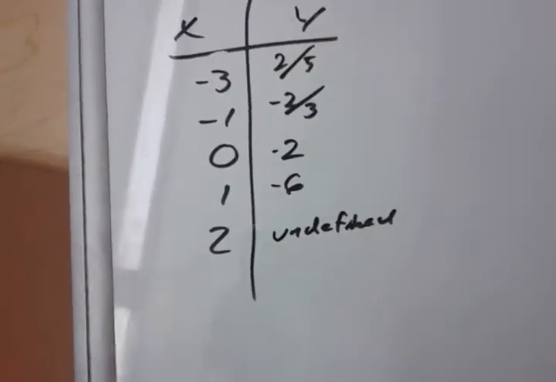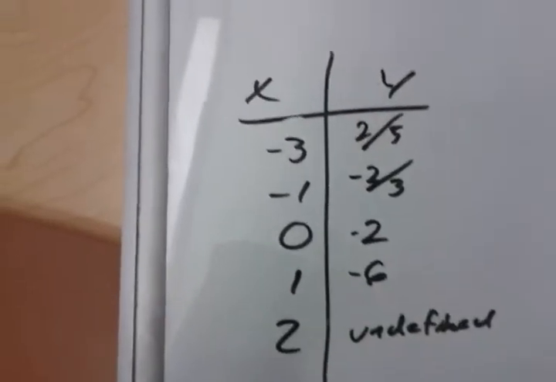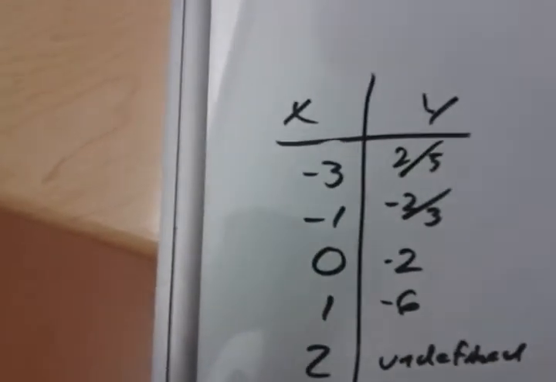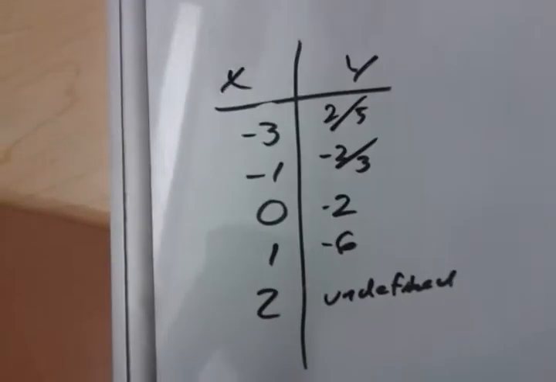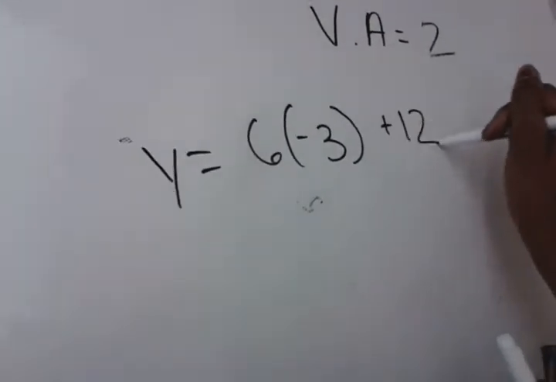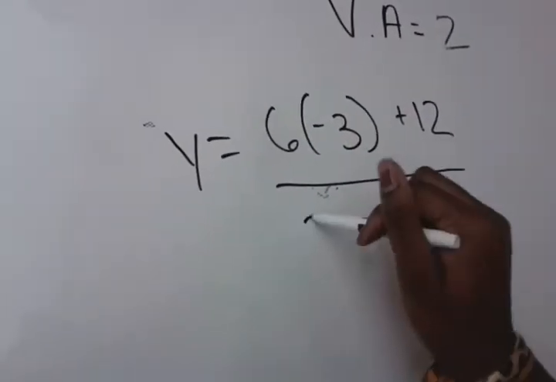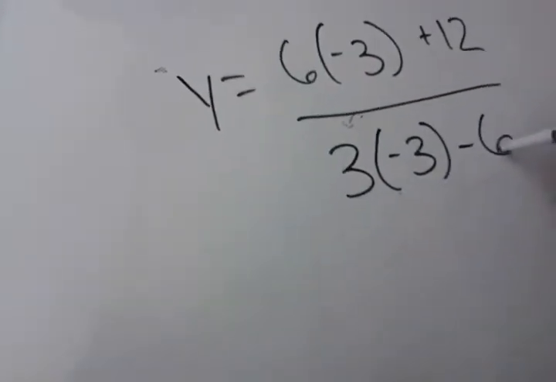For example, when solving for negative 3, we would have y equals 6 times negative 3 plus 12 over 3 times negative 3 minus 6, and we would solve.